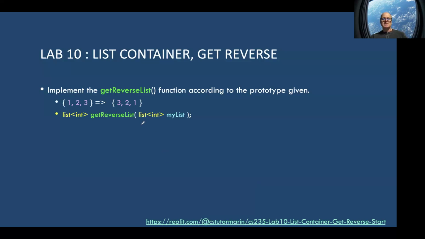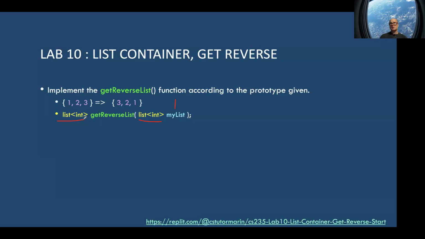But the data type is list int. So we get handed a list int, we get back a list int. So you're going to need to create some way of storing something as you're reversing it, and then return that thing as a list, okay?